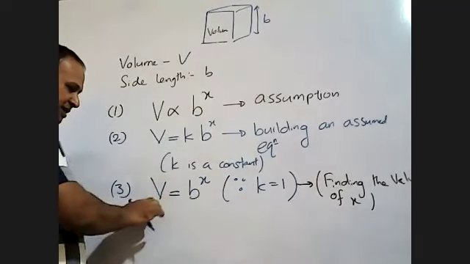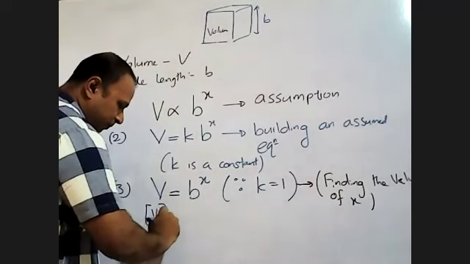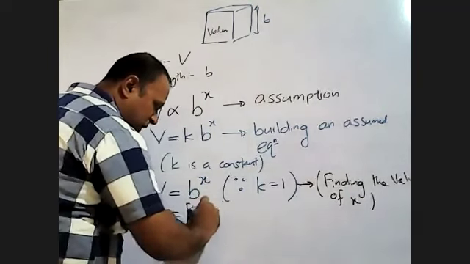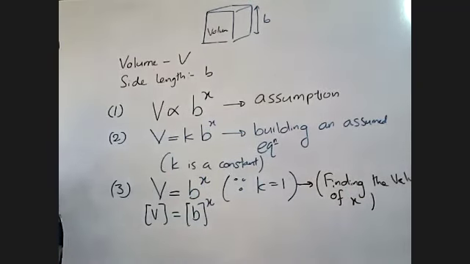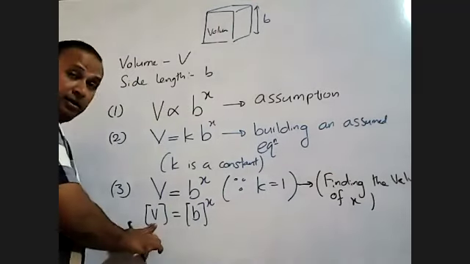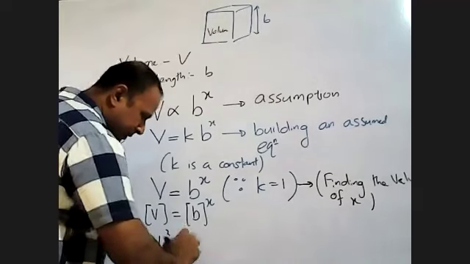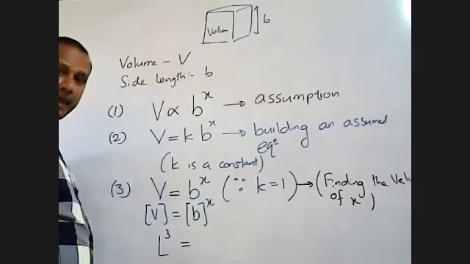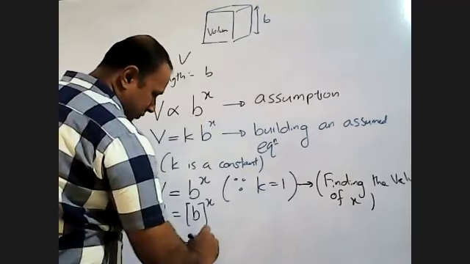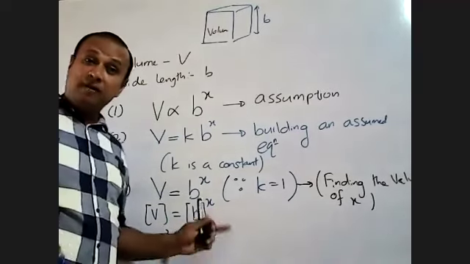So V = B^X. That means the dimension of V is equal to the dimension of B to the power X. Now you can apply the dimension formula. Volume is L^3. B is also L because side length is L. So L^3 is equal to L^X.